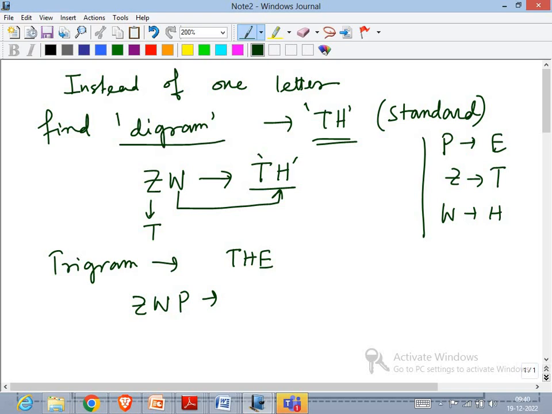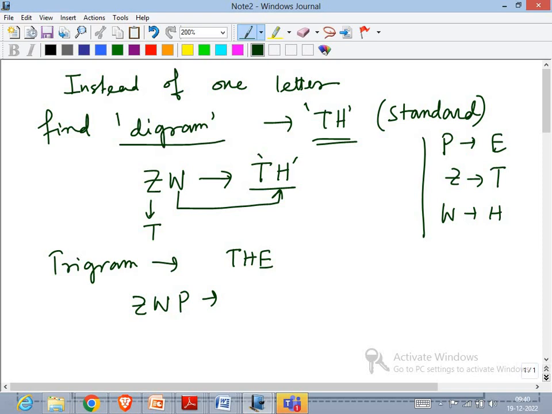Can I repeat it once again? Any doubt with this? First we started with single digit. We have mapped P and Z to E and T. That's done. Based on that we found that for single digit the comparison is almost the same, so we cannot do anything. So now we are trying two-letter words which have a combination and have repeated multiple times.